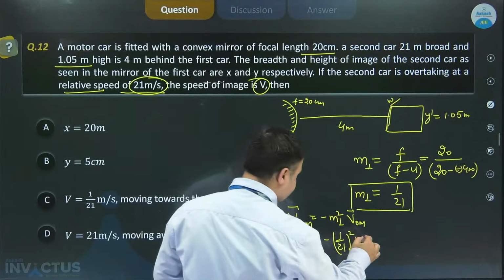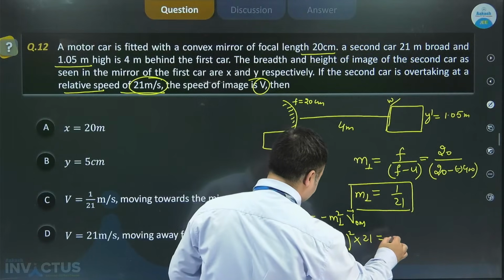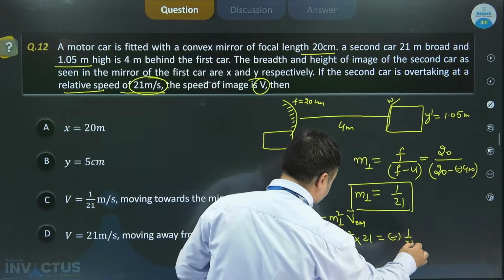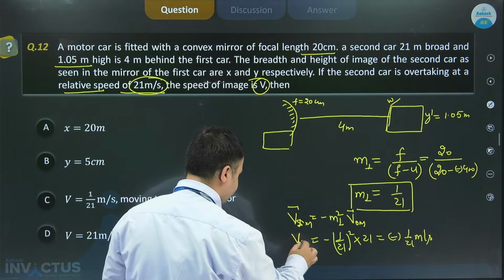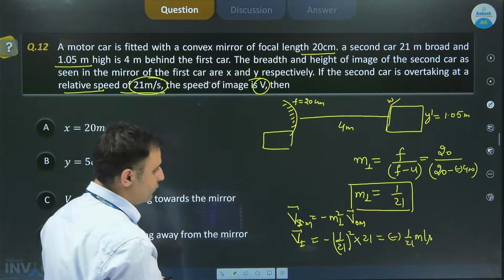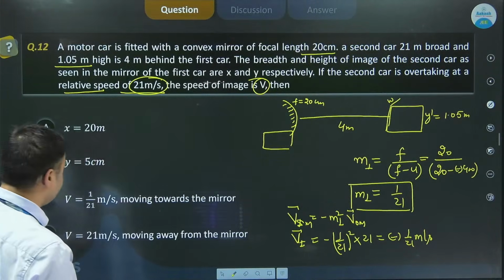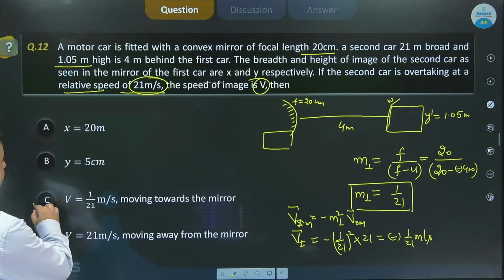Putting 21 here, we get minus 1 by 21 meter per second. So 1 by 21 meter per second is the velocity of image.